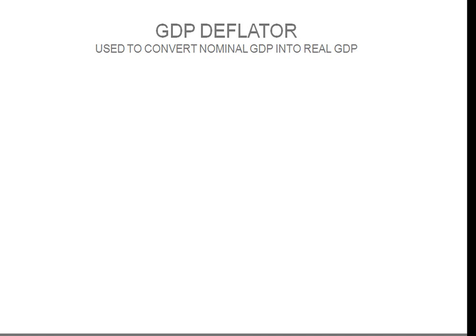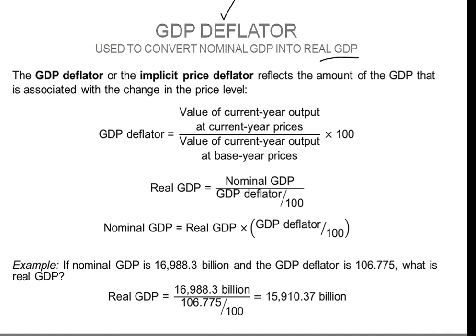GDP deflator. It is used to convert nominal GDP into real GDP. When we have nominal GDP, we have to use some tool to have it in real GDP, so we can make better decisions. So we use the GDP deflator. How is it calculated? The GDP deflator, or implicit price deflator, reflects the amount of GDP that is associated with a change in price level.